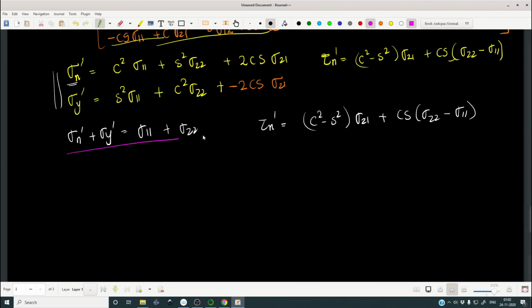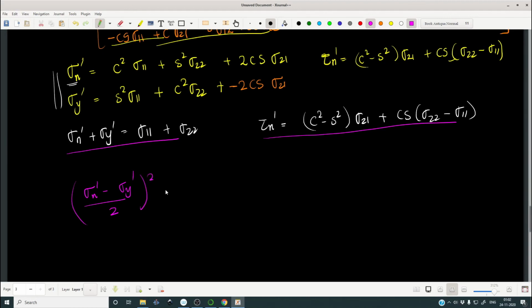So keeping this in mind, we can further simplify everything and show that ((σn' − σy')/2)² + τn'² is equal to ((σ11 − σ22)/2)² + τ².